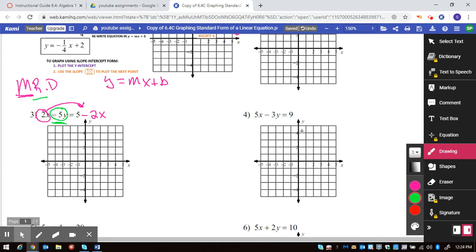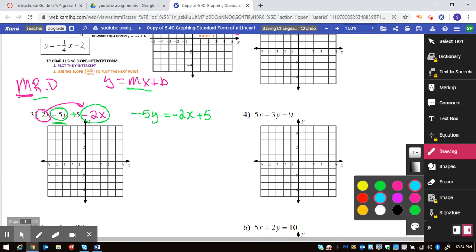Remember, the sign in front of the number belongs with that number. So this is negative 5y is equal to the mx goes up front. So negative 2x, and then the b goes in the back. And this is a positive 5, so positive 5.